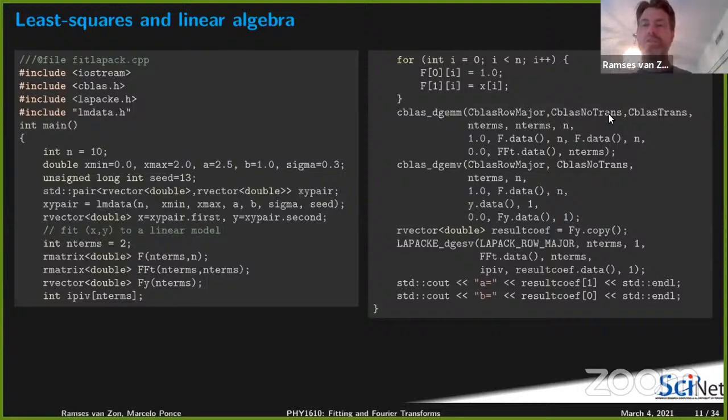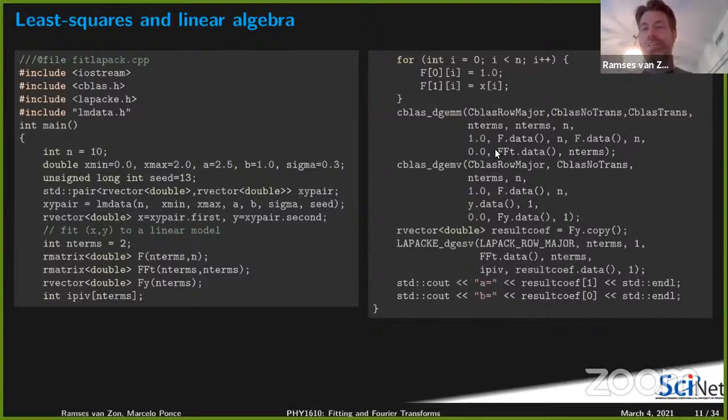So I have the CblasNoTrans for the first matrix and a CblasTrans for the second matrix, which means I'm multiplying a matrix times a transpose of the matrix. All the matrices are n terms by n terms, or the result is n terms by n terms. The intermediate dimension is n, and then there's some extra numbers that come from the general form of the multiply that allows for prefactors. So we just set them to 1 and 0 respectively.